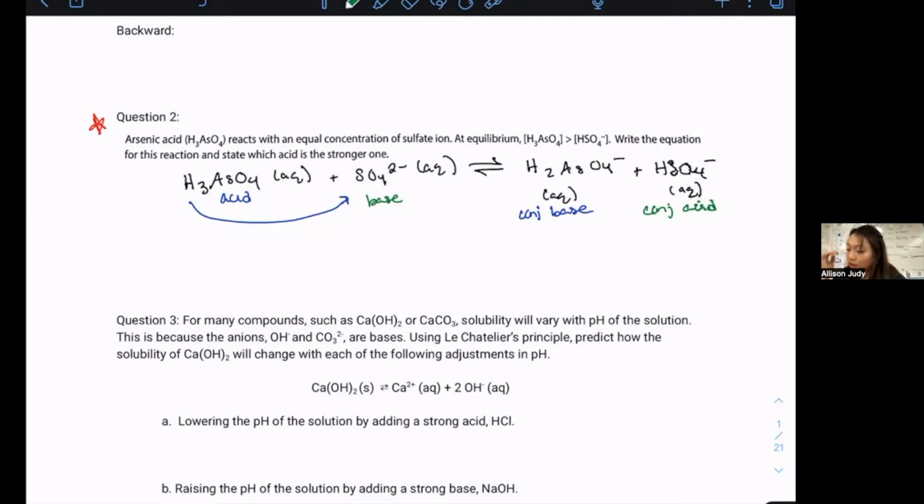So we know that H3AsO4 is a worse acid. Here's why. It dissociates less.